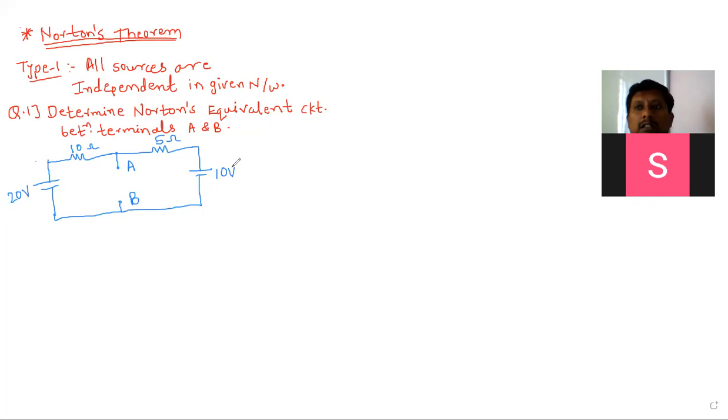So this is the given circuit diagram, and from this circuit we have to obtain the Norton's equivalent circuit.